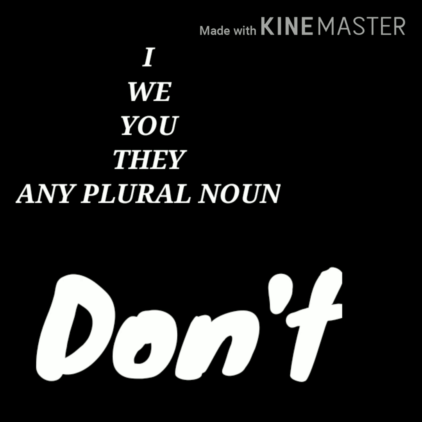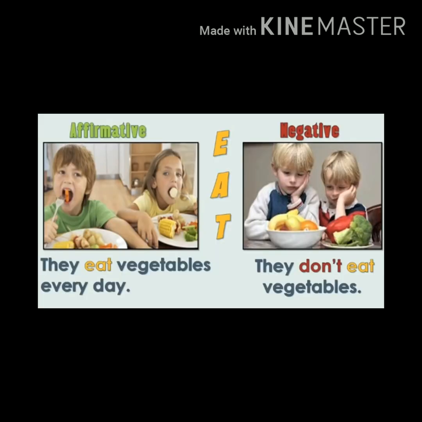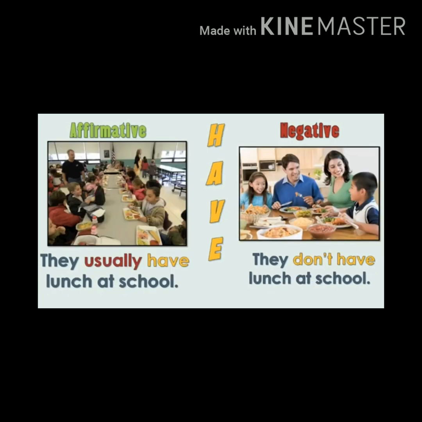Let's have some more examples. In an affirmative sentence we can say they eat vegetables every day. In negative, they don't eat vegetables. In affirmative, they usually have lunch at school. In negative, you can say they don't have lunch at school.